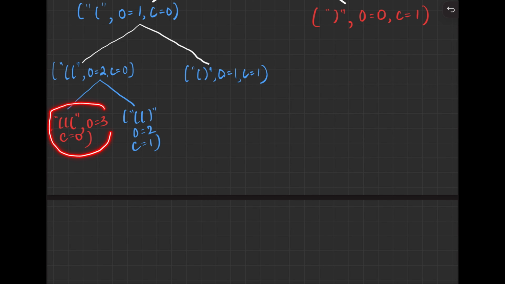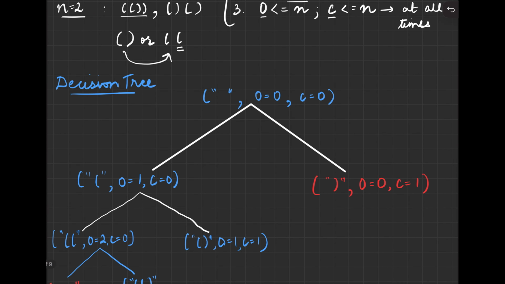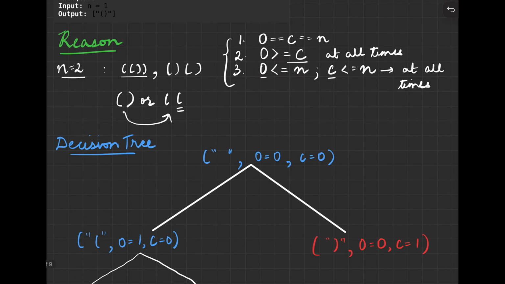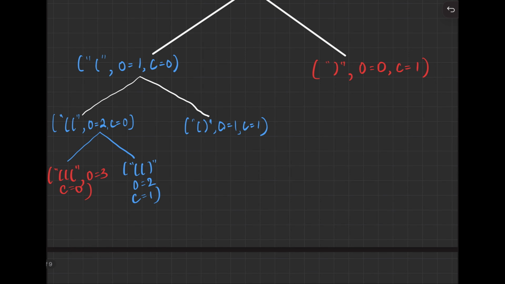Here, we are working for n equals 2. So this becomes an invalid use case because our O is 3 now, and we know from our constraints that O always has to be less than or equal to n. Here n was 2, and O is 3, which is no longer less than or equal to 2. So this is again a use case where we hit our terminal condition and we go back.